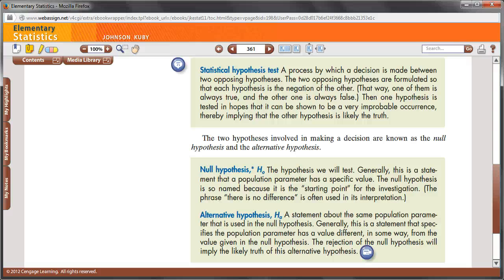Another example, in a criminal justice system, in a courtroom, the null hypothesis is not guilty. Guilty is, of course, the alternative hypothesis, and we go to the guilty verdict if and only if there is really indisputable, or what they call, evidence beyond reasonable doubt.